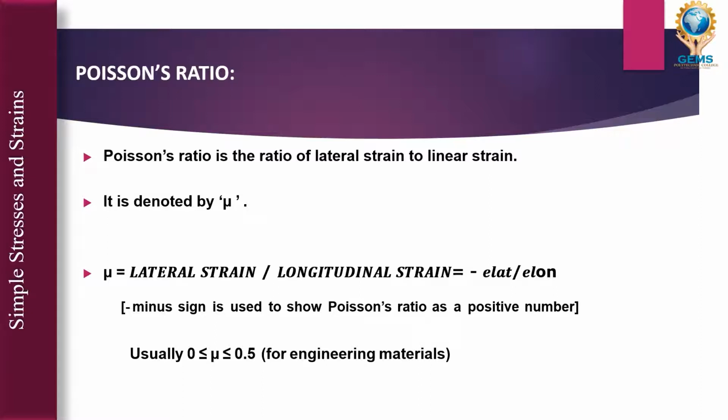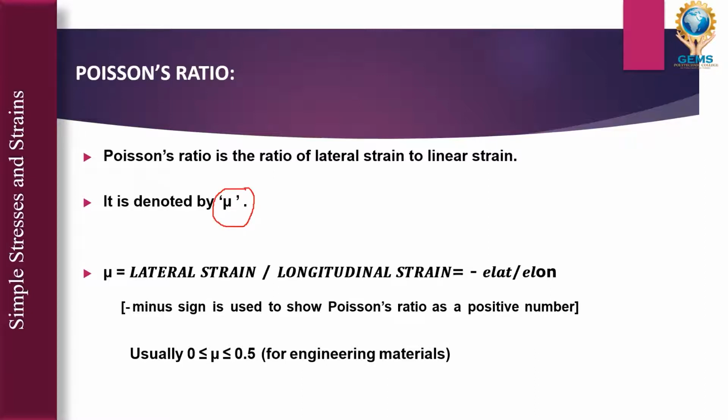Linear strain is the same as longitudinal strain, another word for it. So don't get confused while solving numerical problems. If there is linear strain, consider it as longitudinal strain, and if there is longitudinal strain, consider it as linear strain, because both terms are the same. Poisson's ratio is denoted by mu.